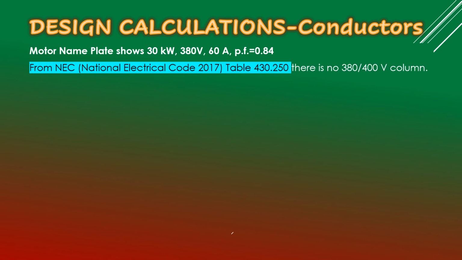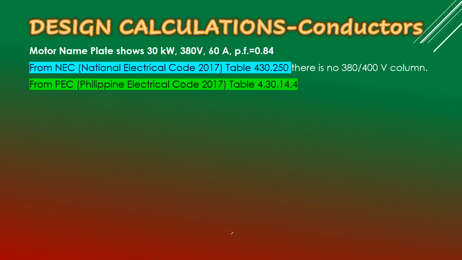From National Electrical Code or NEC 2017, table 430.250, there is no column for 380 or 400 volts to get the FLC of this motor. But from another code, which is the Philippine Electrical Code, also 2017, table 4.30.14.4, there are current values for FLC for the motors.